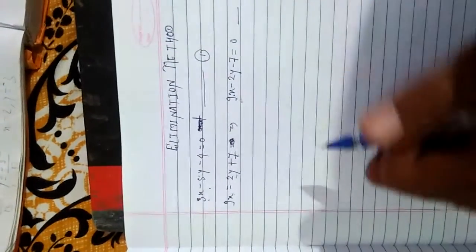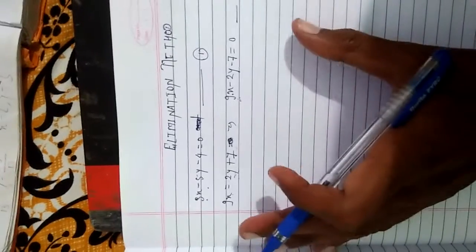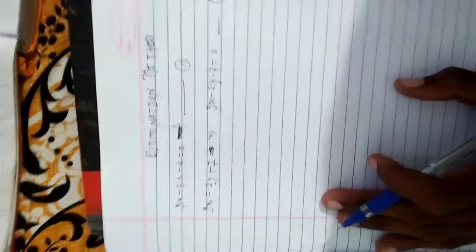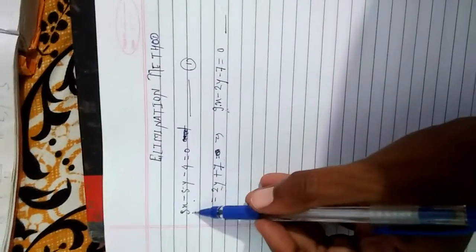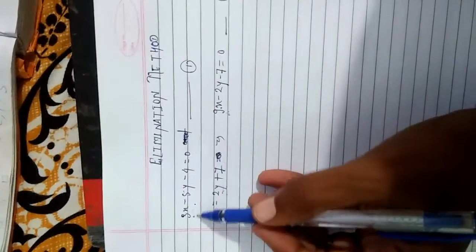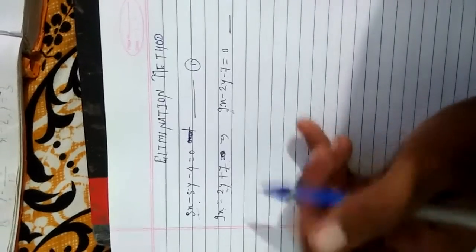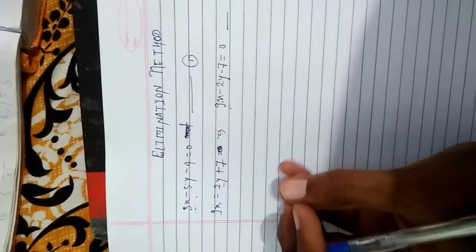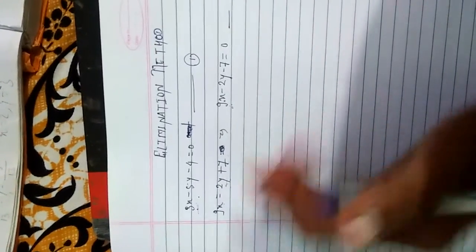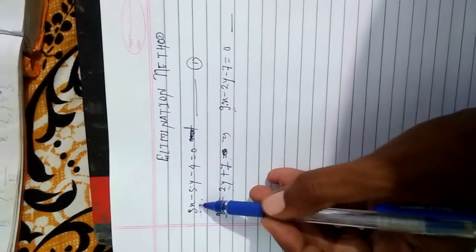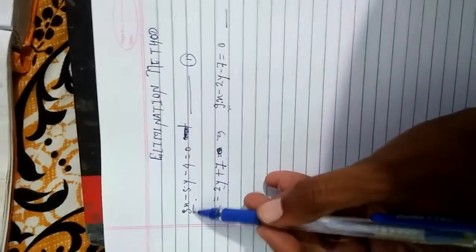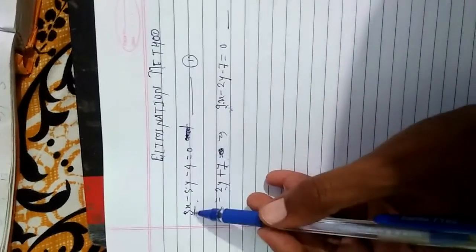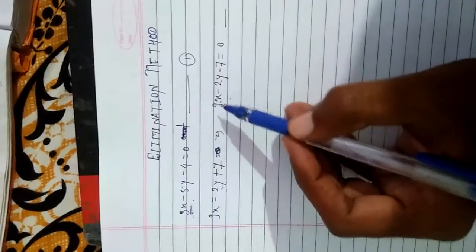Okay, if you didn't get what I said, just see the solution and do whatever I do. So this is equation 1 and this is equation 2, and I want to eliminate the x term. How to eliminate? We have to do some manipulation, so that both terms become the same, and then we subtract, so this x term will be eliminated.